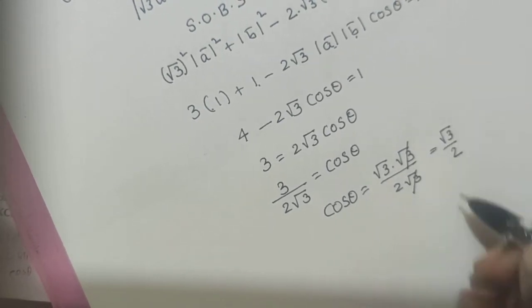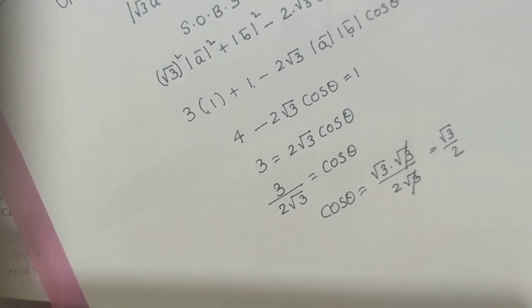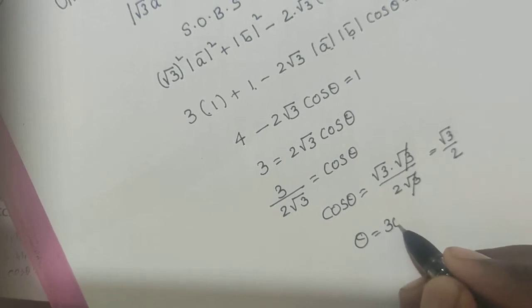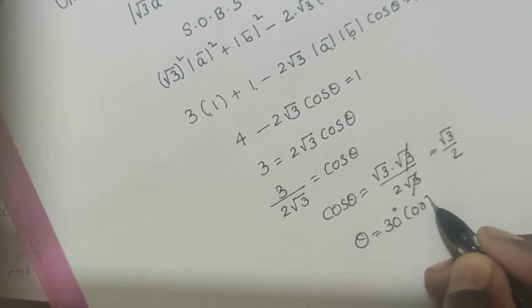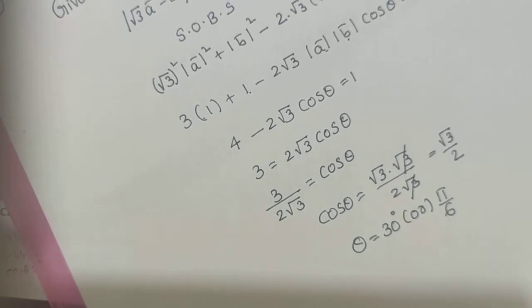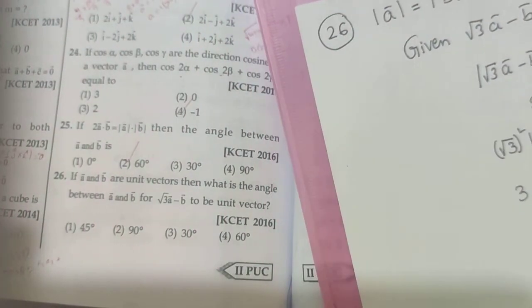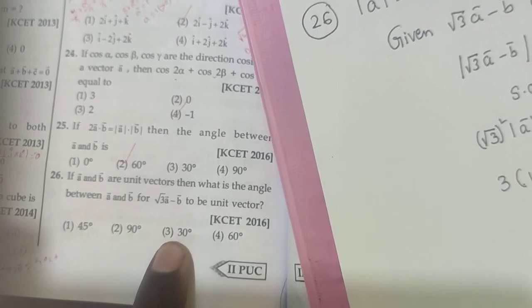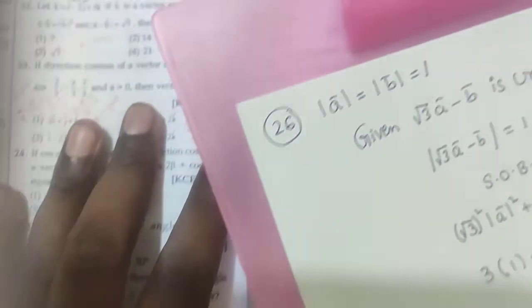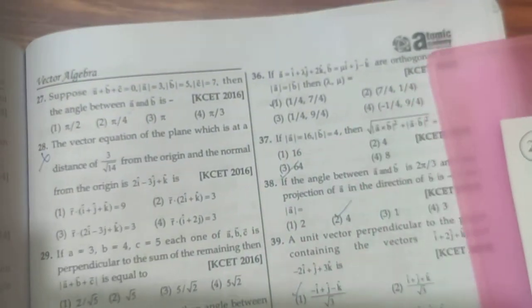Root 3 by 2. When cos value is root 3 by 2, cos 30 value is root 3 by 2, then theta is equal to 30 degrees, or we can write pi by 6. That is the answer for question number 26. That is nothing but the third option is the correct answer for this question number 26. Next we will discuss the 27th question.